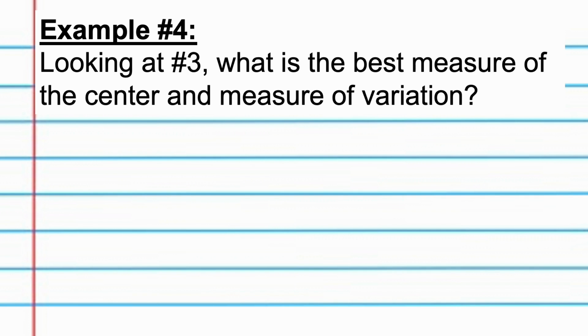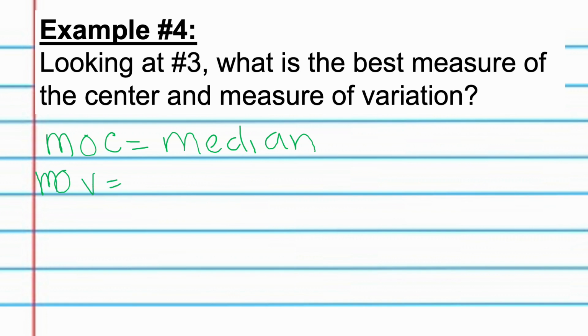So because we have an outlier, when we look at our measure of center, we're going to use the median, and to find our measure of variation, we are going to use the interquartile range.